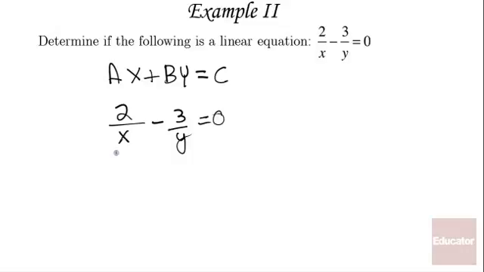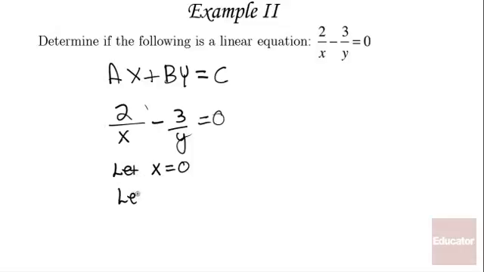If I were to make x equal 0, I would end up with a term that is undefined. So I would not be able to determine what y is. So anytime x would be equal to 0, I wouldn't be able to determine a value for y.